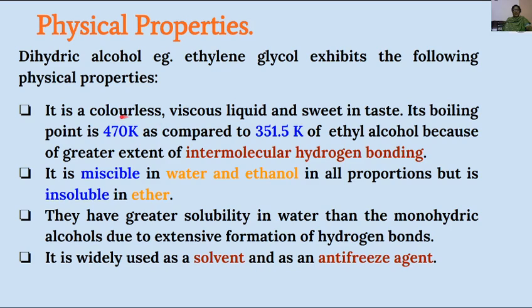Its boiling point is 470 Kelvin. If we compare it with the boiling point of ethyl alcohol, that is 351.5 Kelvin, the difference is due to the presence of extensive intermolecular hydrogen bonding in ethylene glycol.